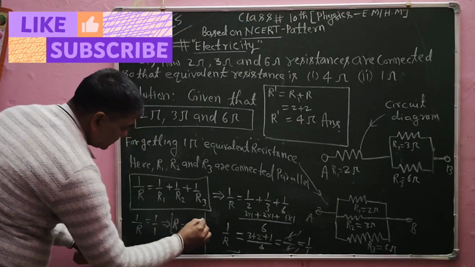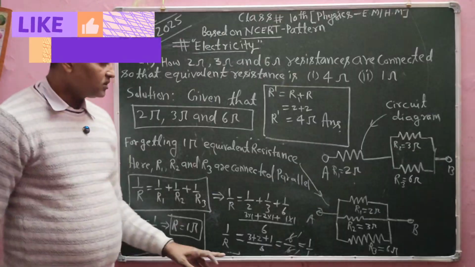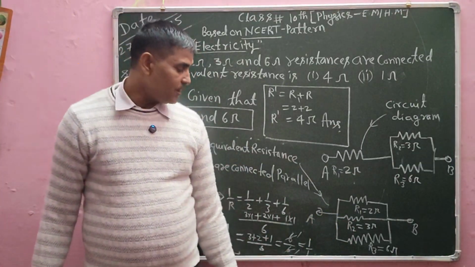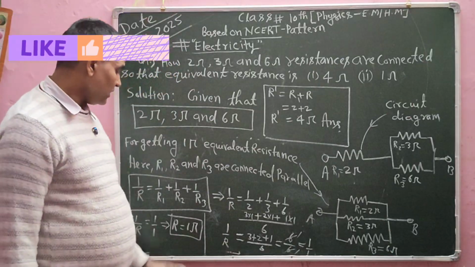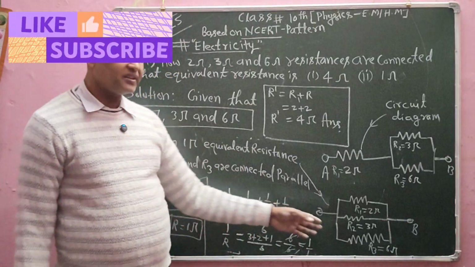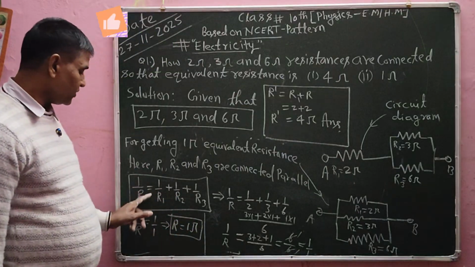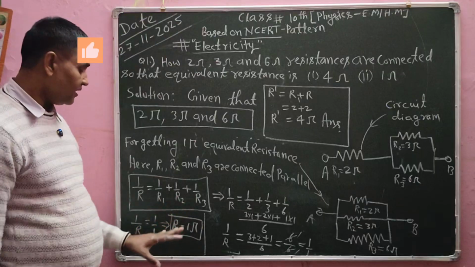So I have got equivalent resistance, that is 1 ohm, because all three resistances I have connected in parallel. If resistances are connected in parallel, the equivalent resistance is 1 by R equal to 1 by R1 plus 1 by R2 plus 1 by R3.